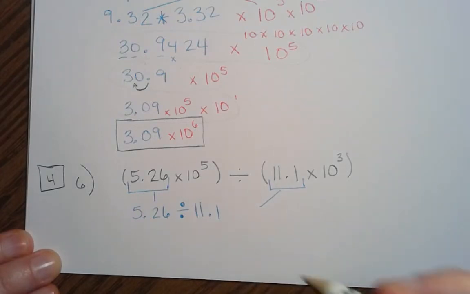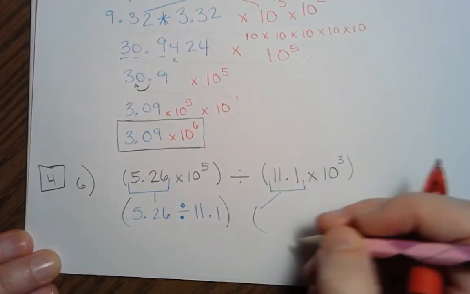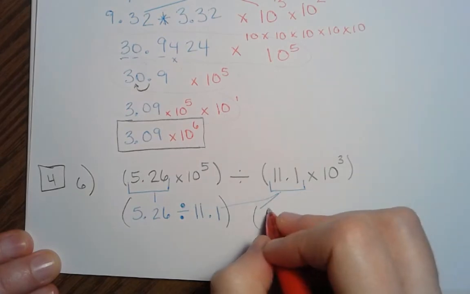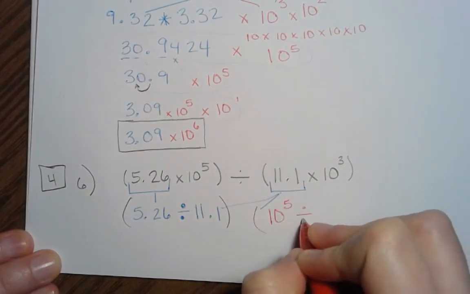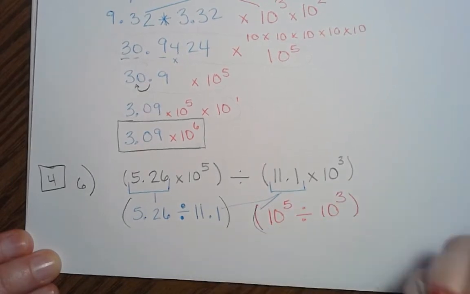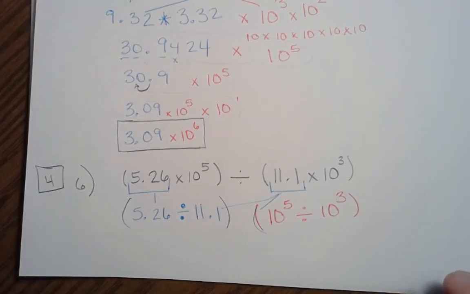I'm going to write this as a multiply because it kind of is. Okay, here's our scientific notation. We've got times 10 to the 5 divided by times 10 to the 3. Calculator numbers go in the calculator. 5.26 divided by 11.1.